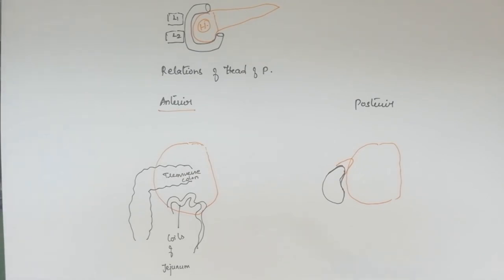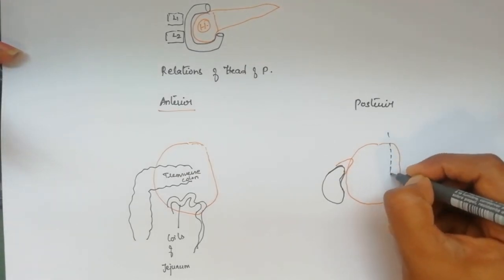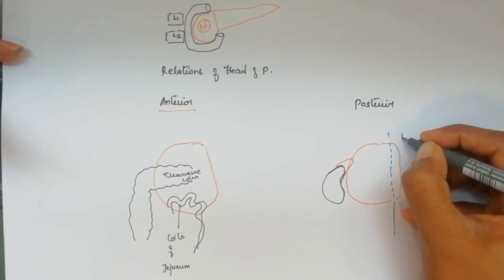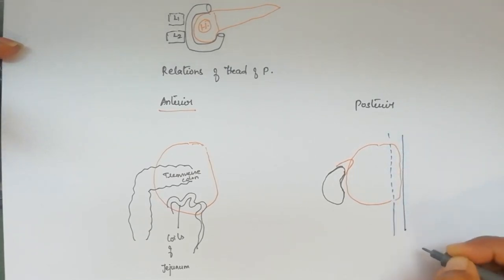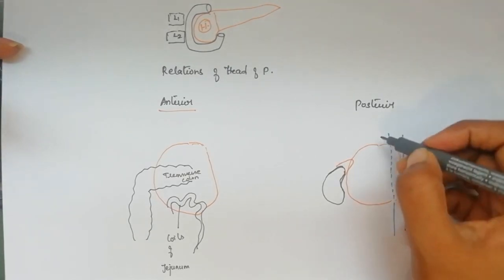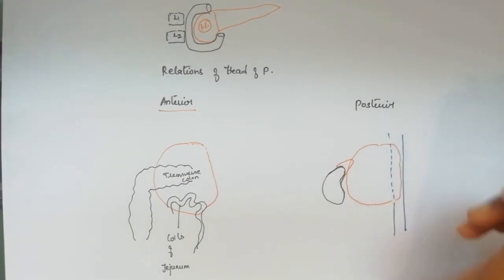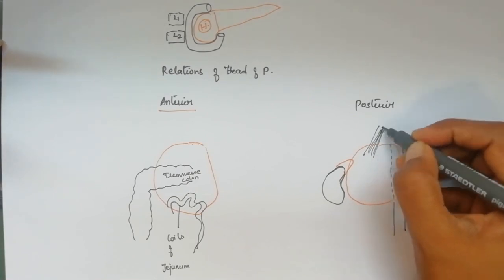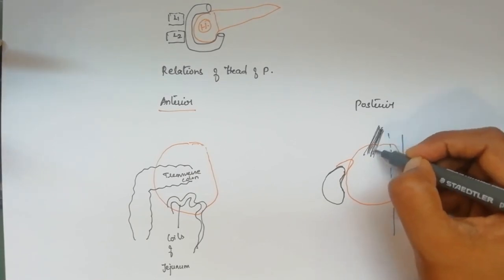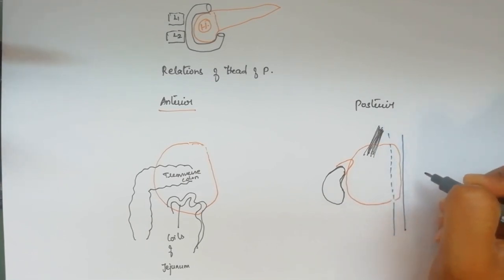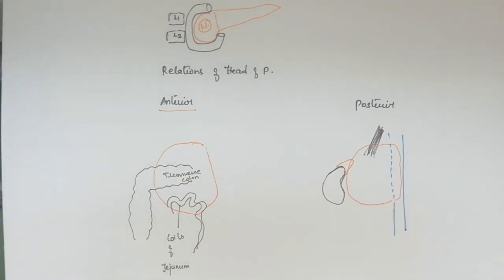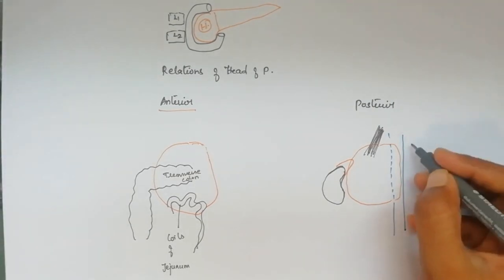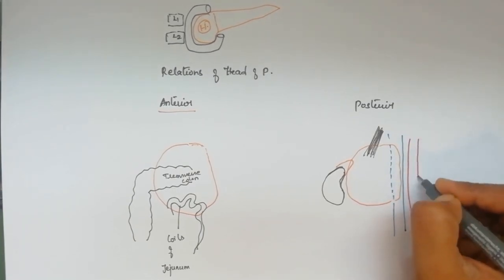In the posterior aspect a part of inferior vena cava is present, and then we have a diaphragm which will be seen in the upper aspect. We have right crus developing from the vertebrae, so right crus also will be related just behind the head of pancreas. And then we have some vessels extending, that is aorta somewhere outside, not related to the pancreas here.